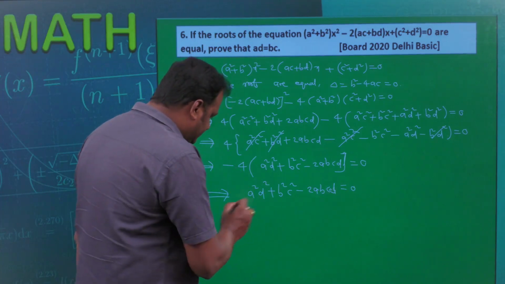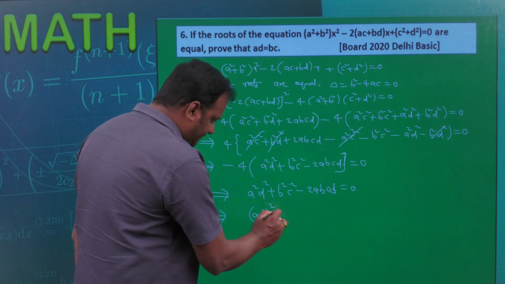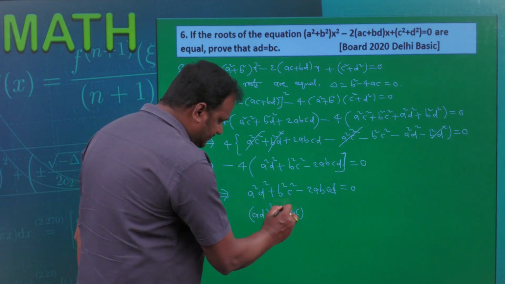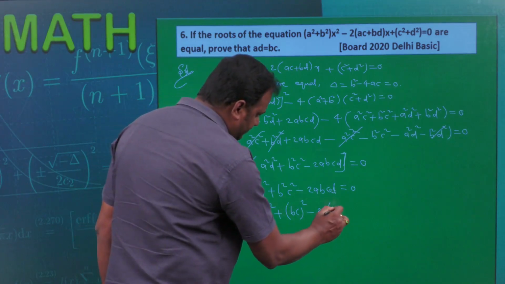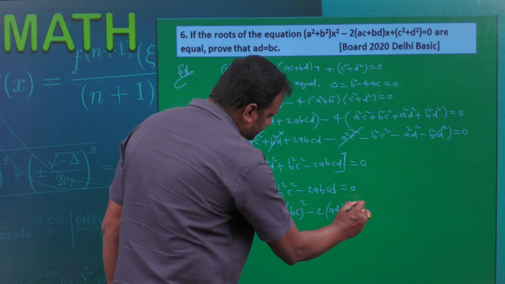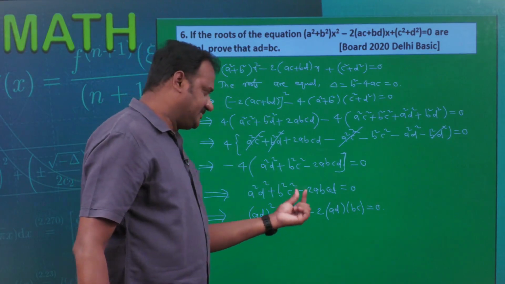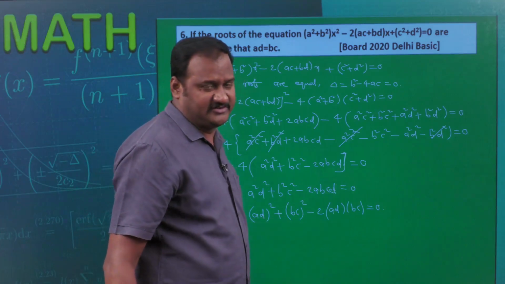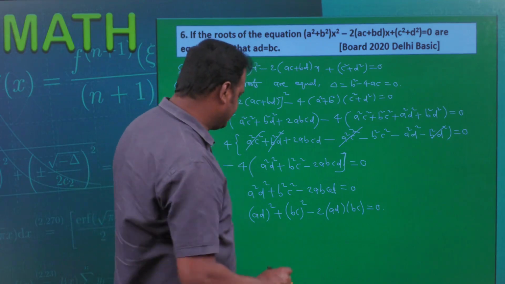See, I am going to write a square d square as (ad) whole square, b square c square as (bc) whole square, minus 2abcd, which can be written as 2 into ad into bc, is equal to 0. So it is in the form of a square plus b square minus 2ab, which is (a minus b) whole square.